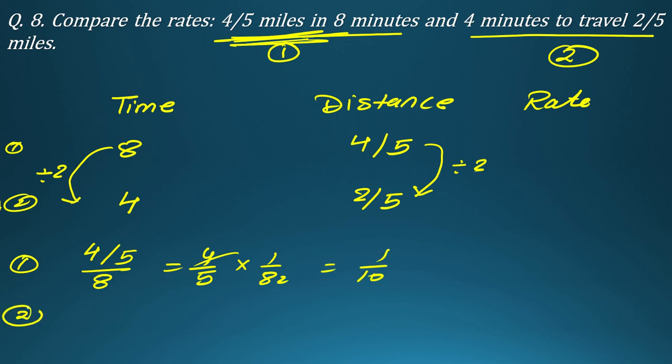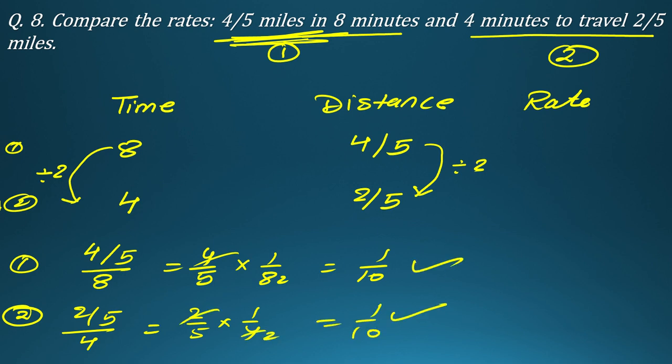And for the second, this is 2 over 5 divided by 4, meaning 2 over 5 times 1 over 4, 2 2s are 4, and 1 over 10. So both rates are equal. Like this you can say that both rates of change are equal, or both have the same unit rates.